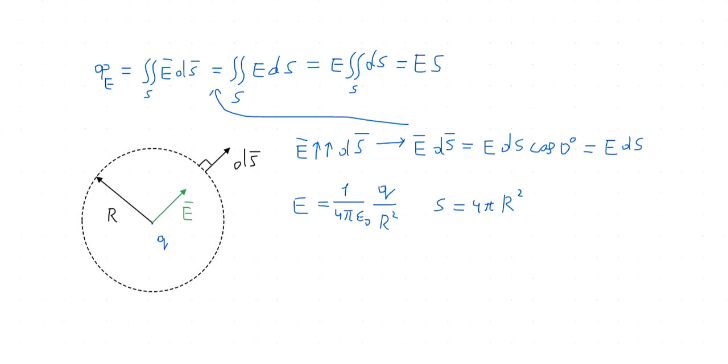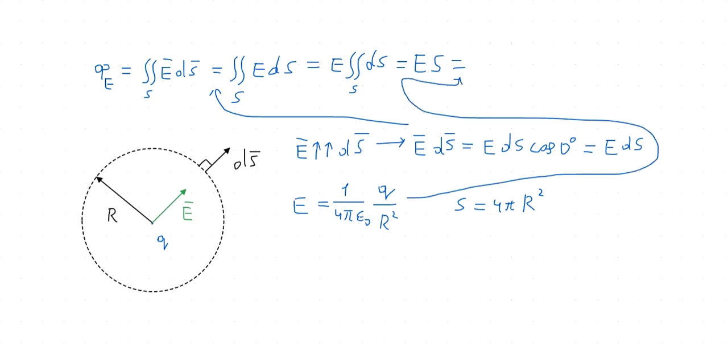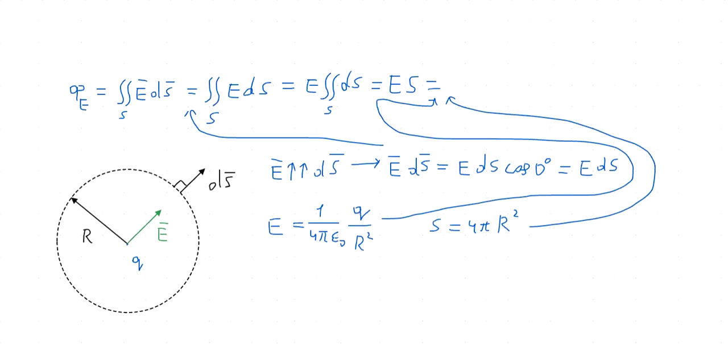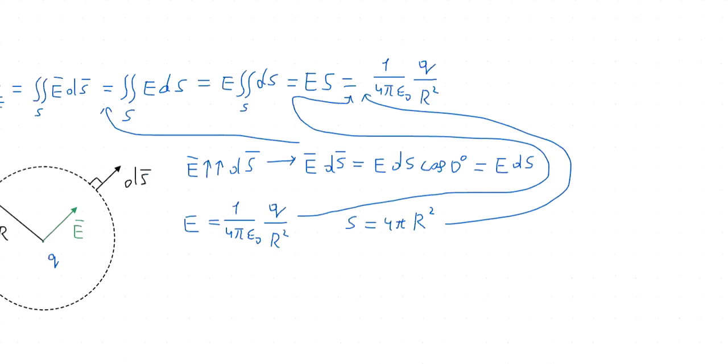So we can use this and this here. From here we have that it will be 1 divided by 4 pi epsilon 0, q divided by r to the power of 2, multiplied by 4 pi r to the power of 2.